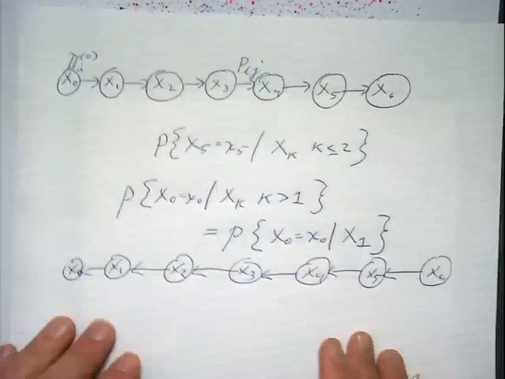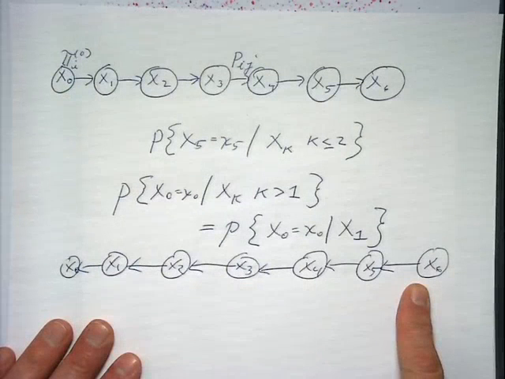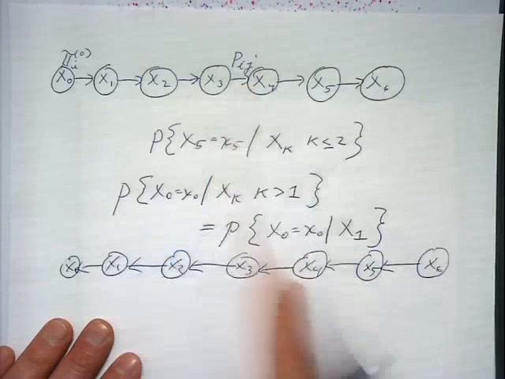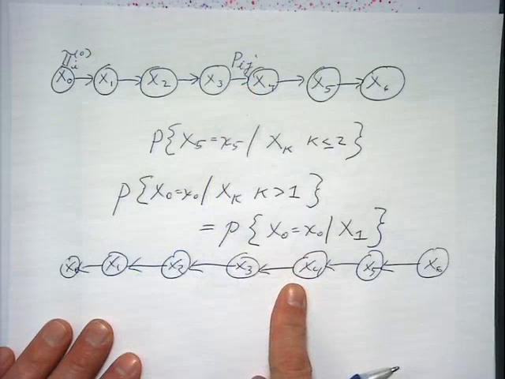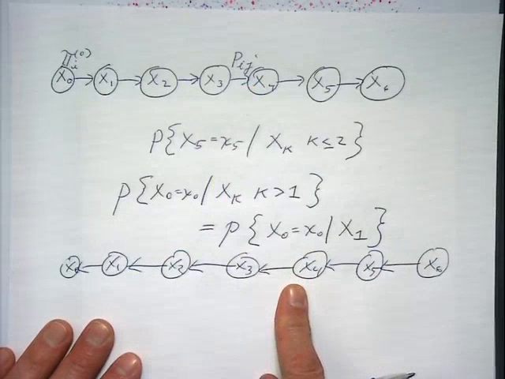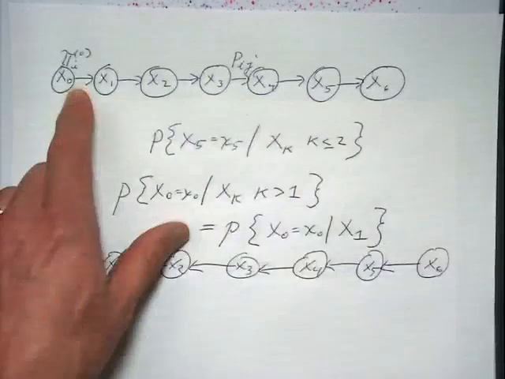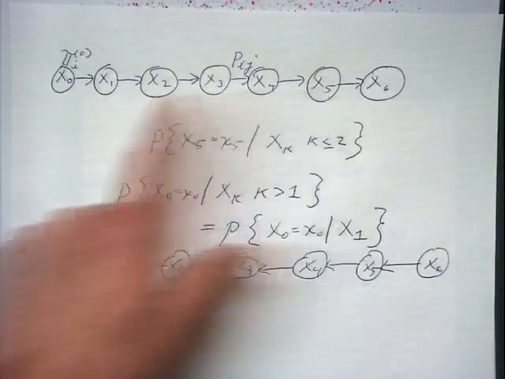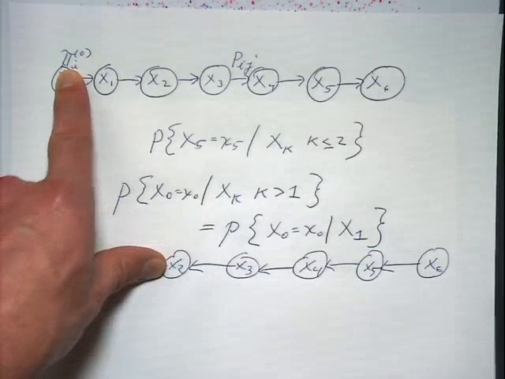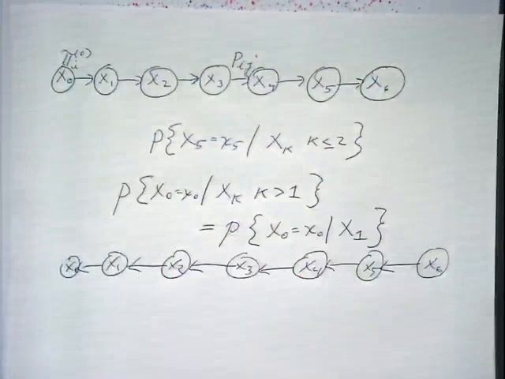So then it begs the question, well, what's the distribution of the reversed Markov chain? Okay? If this is a homogeneous Markov chain, is the reversed chain necessarily homogeneous? Well, the answer is not necessarily, because if this initial distribution is the stationary distribution of the Markov chain, then the distribution of each x will be the same, because it'll be in steady state.